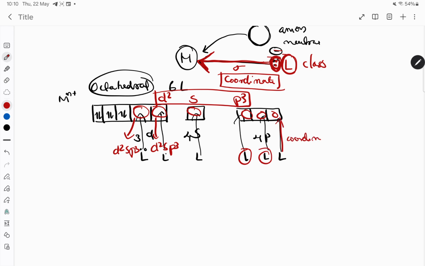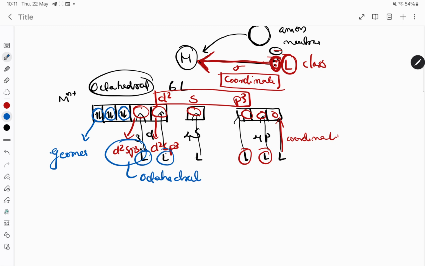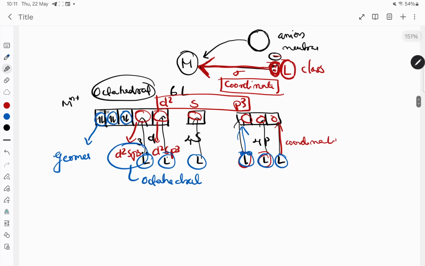You can clearly see that the metal's non-bonding electrons have no role in the geometry, because the octahedral geometry is purely determined by the ligand lone pairs. So you can clearly see these metals are stereochemically inactive.